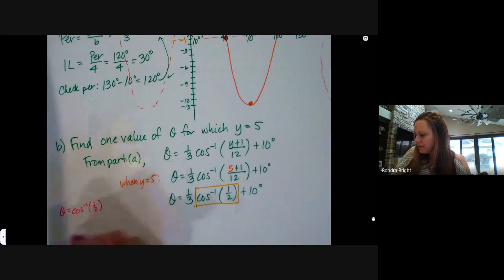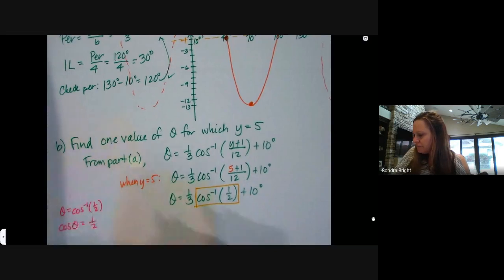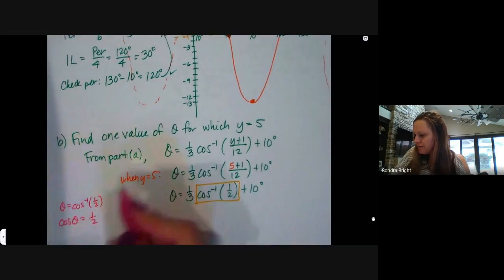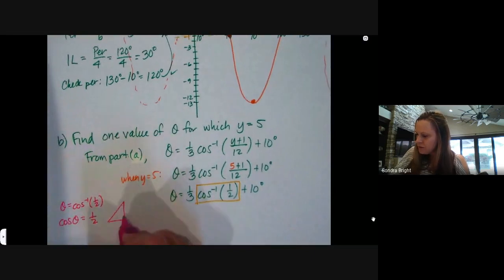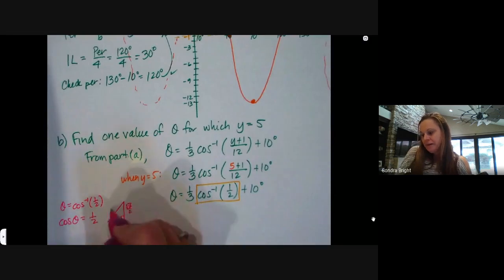And what angle had a cosine of 1/2? 60 degrees.